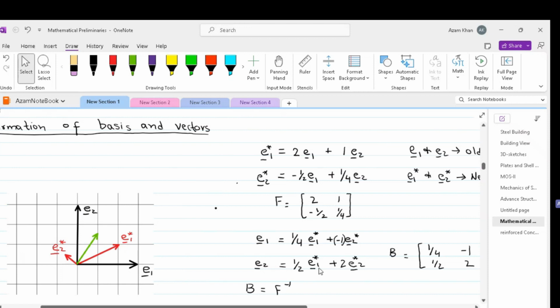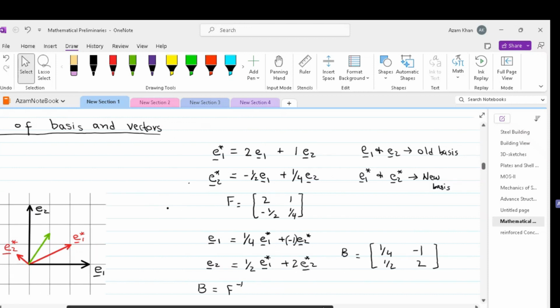E2 is half of E1 star plus 2E2 star. This is called a backward transform. It is called backward because it transforms our new bases into the old bases. Previously, we had the forward transform, which was transforming our old bases into the new bases.